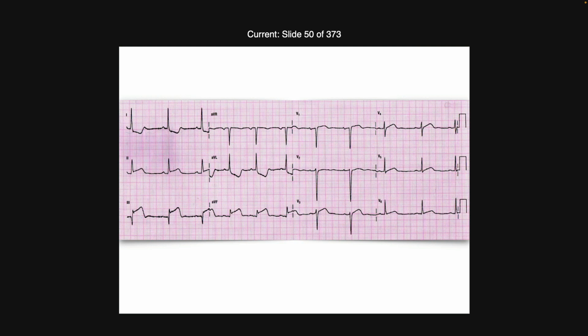So I'm going to push back there. There may be in V1, but if you just see pathologic Qs in V1 and nothing else, it's meaningless because V1 so rarely has any R wave at all. This almost looks like a Q wave, but even that tiny little bit of an R wave means this is an S wave. Okay, gotcha. So scratch that one.